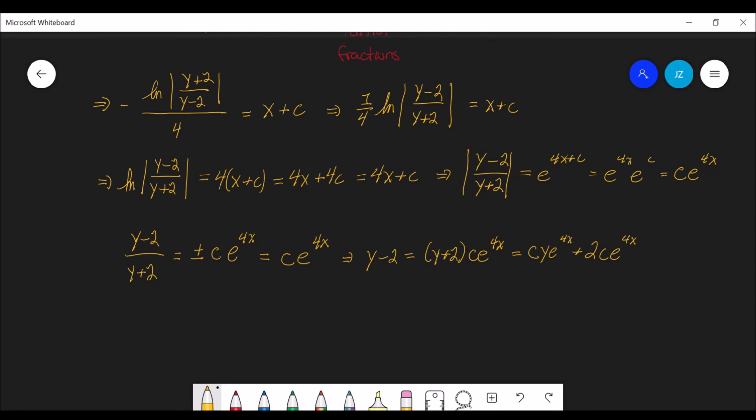We want to move all of our y's together. So I'm going to move all my y terms over to the left-hand side and move all my other terms to the right-hand side. This will now give us y minus c y e to the 4x is equal to 2c e to the 4x plus 2.